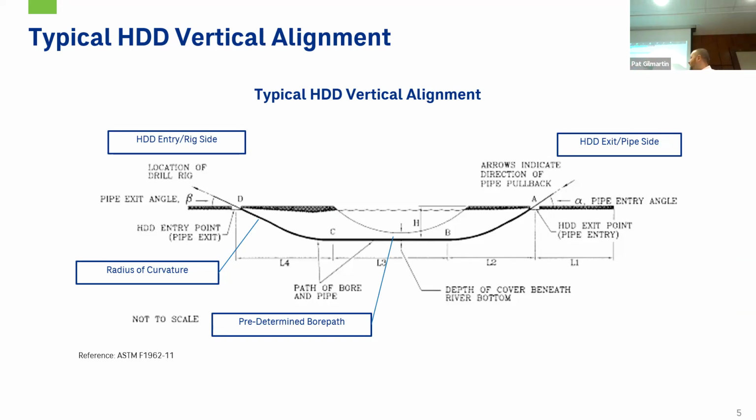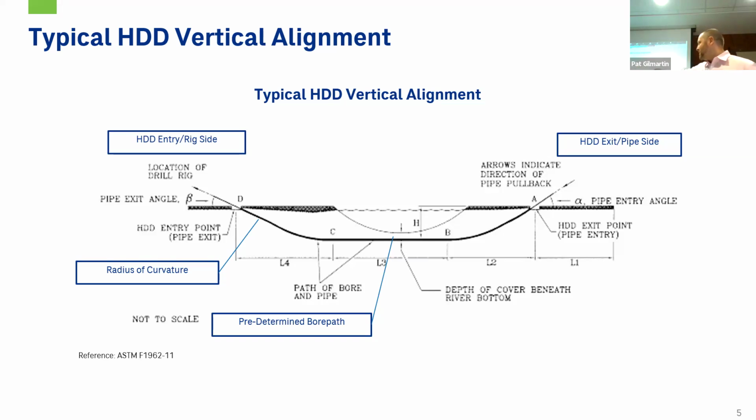And so for those of you not familiar with HDD, this kind of shows your typical profile. At either end, you have a pit that you'll be drilling to and from. So on the left side here is our HDD entry location or your rig side. And so that's where you start your pilot drill. And with your drill, typically you're going between about 8 and 14 to 16 degrees on your entry angle. And then you come through a vertical curve down at the bottom.